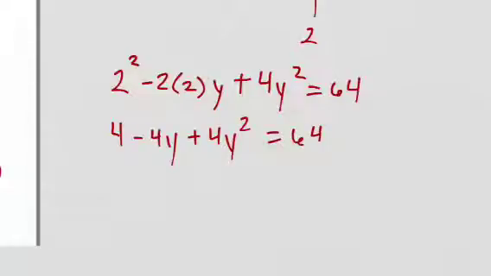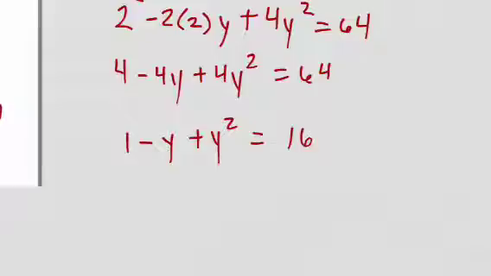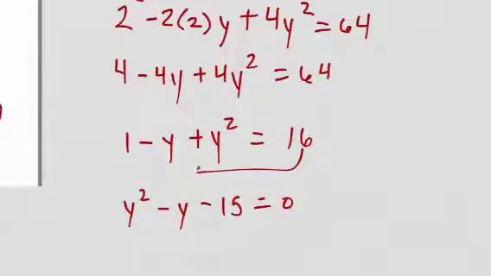I notice I can divide everything by 4, so that'll be 1 minus y plus y squared equals 16. I'll subtract 16 from both sides, and I'm just going to rearrange this so it looks like a normal quadratic: y squared minus y minus 15 equals 0.